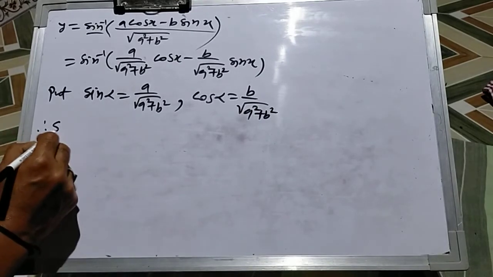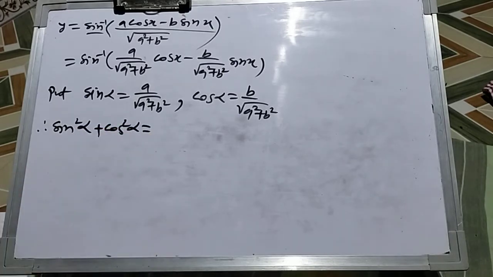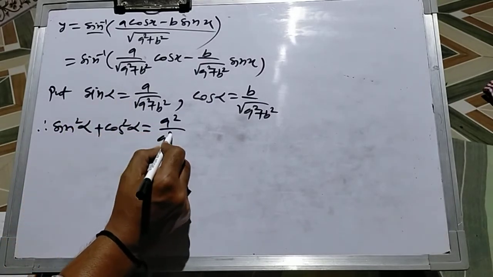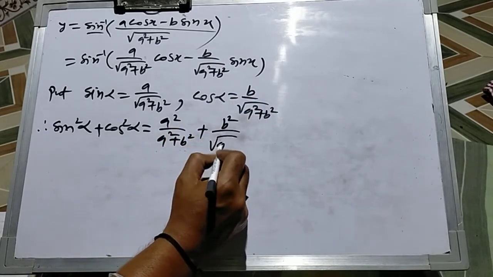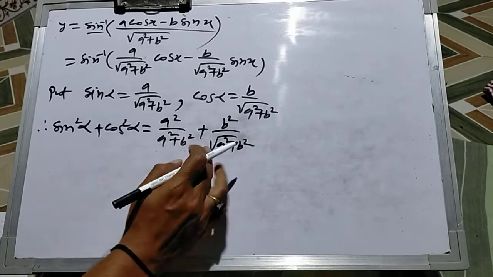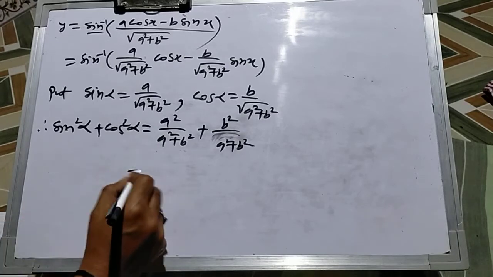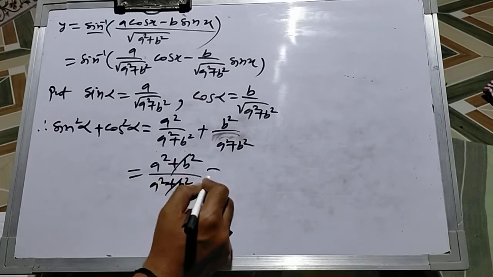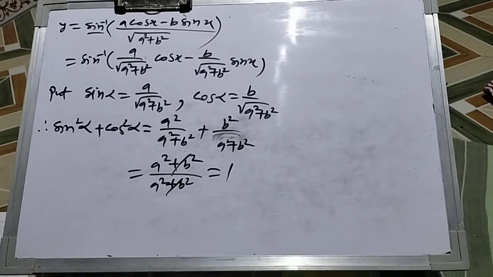Therefore sin square alpha plus cos square alpha is equal to a square divided by a square plus b square, plus b square divided by a square plus b square. So the root gets cancelled for the square. So this is equal to a square plus b square divided by a square plus b square, which gets cancelled, which is equal to 1. It means sin square alpha plus cos square alpha is equal to 1. Our substitution is correct.